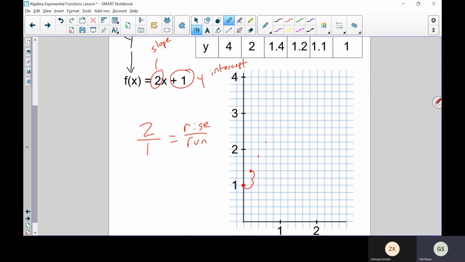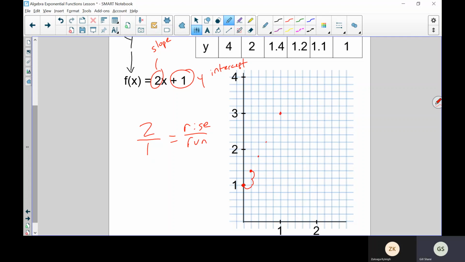So some people ask me, well, how do you know? Do I go over 1 square and up 2? Or do I go all the way over 1 and then up 2, like using the big numbers? Doesn't matter. Watch. If I did this, let's say I started here and I went over 1, like all the way to the big number 1, and then from 1 I go up to 3, the big number 3, I'd be right there, right?